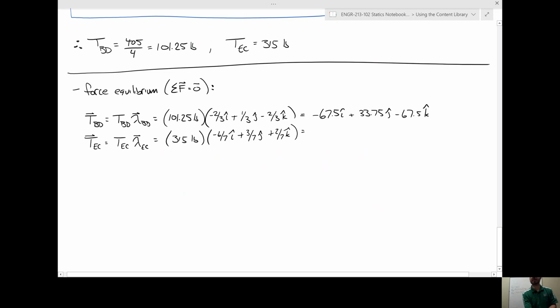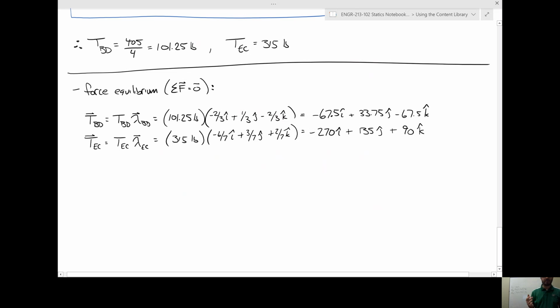And so that, when you chug that out, you get minus 270i. I'll put a decimal on that one above it so you can see clearly. Plus 135j, and then plus 90k. Okay, and the signs are correct.